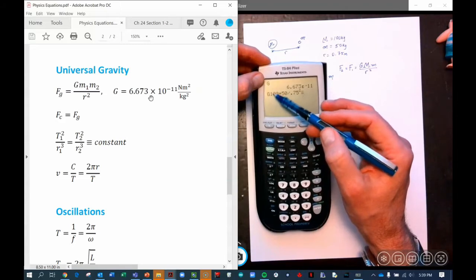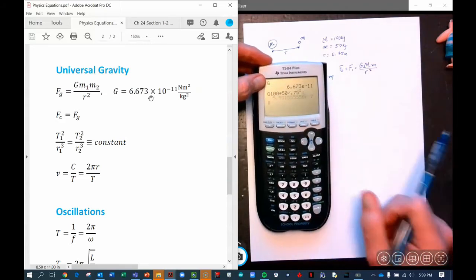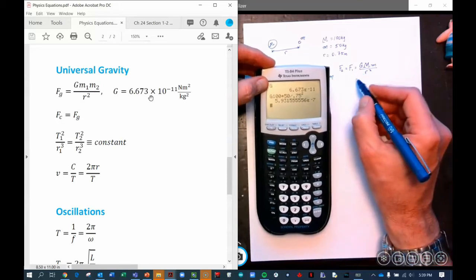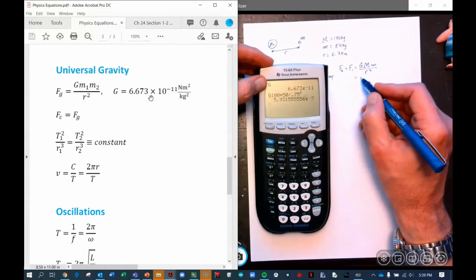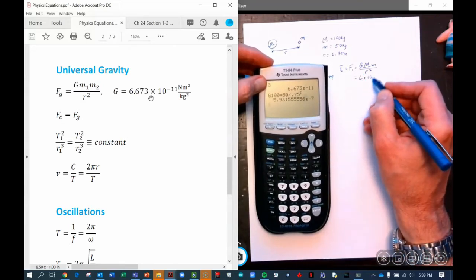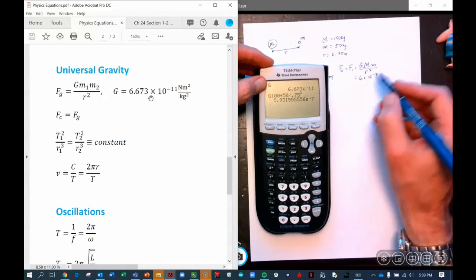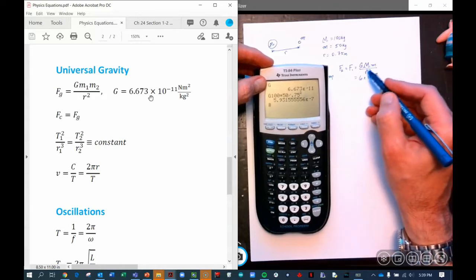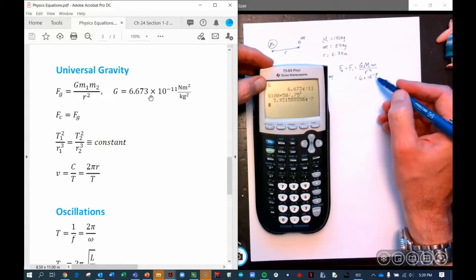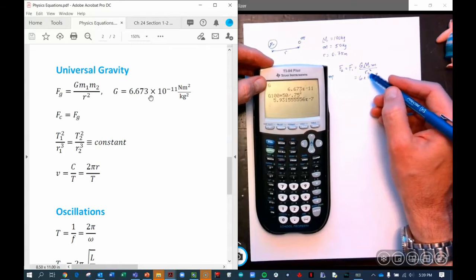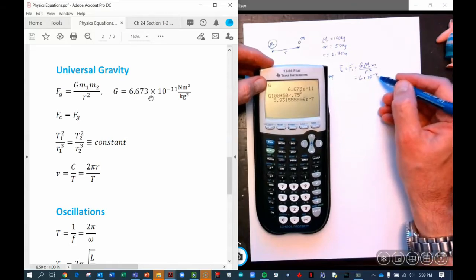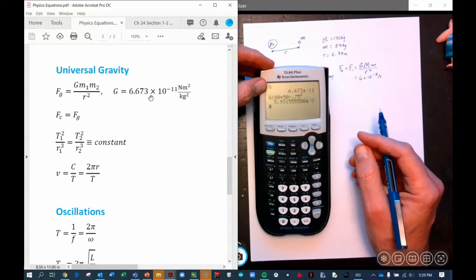You do not have to put in the times symbol, although you can, it doesn't hurt. We end up seeing that this is about 6 times 10 to the minus 7, and if everything is in kilograms and meters, this is about 6 times 10 to the minus 7 newtons.